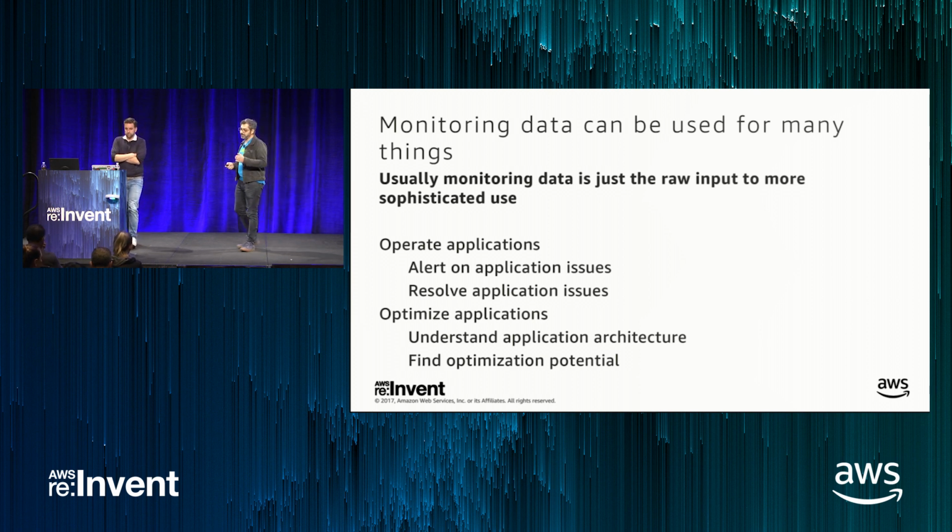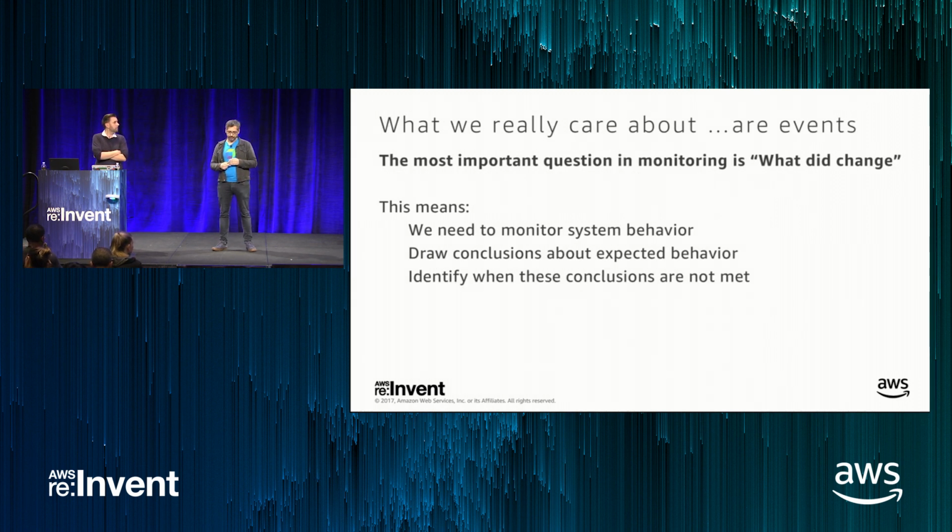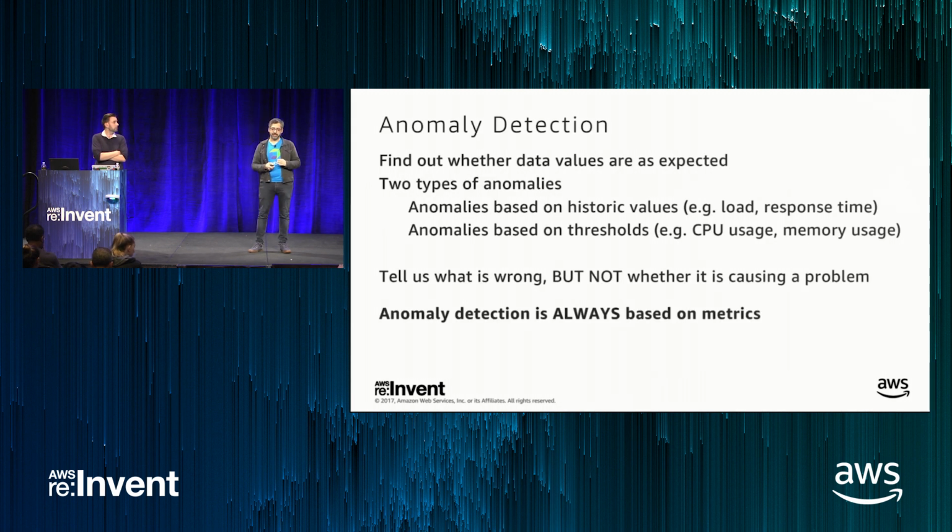And of course, as I said before, optimizing is dependent on metrics. But what we actually care about is events. It's about change. It's about, is something deviating from maybe a normal state? And for that, we need something called anomaly detection. And there are two kinds of data we have here.